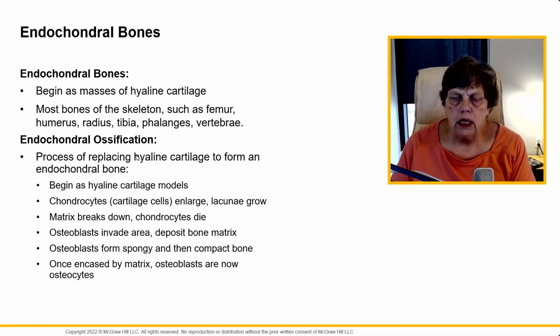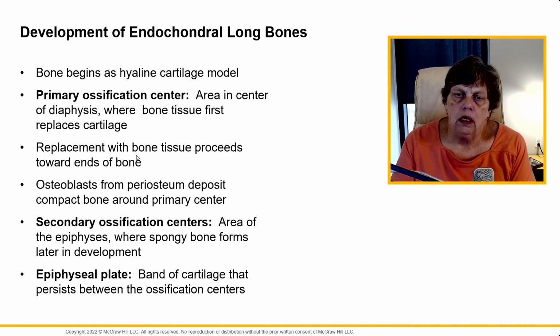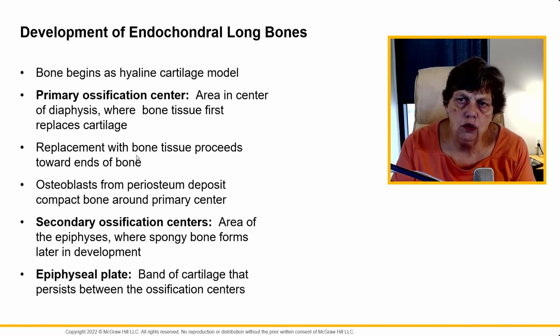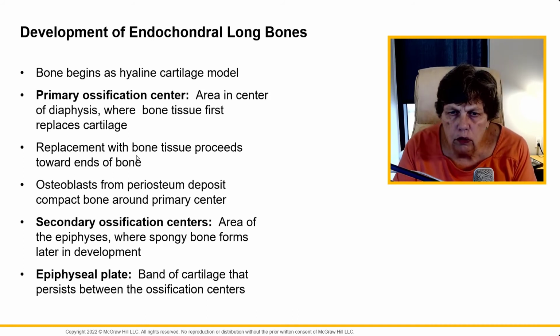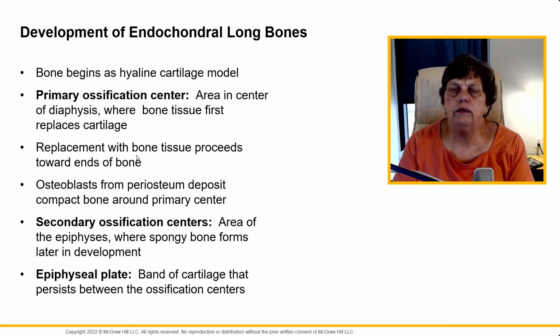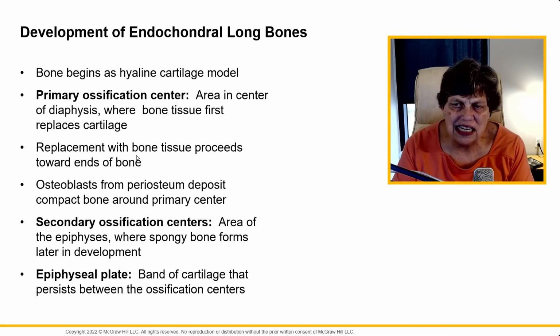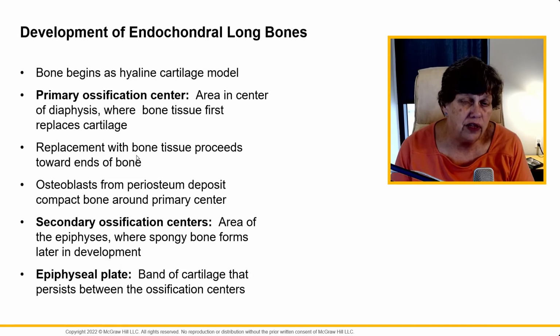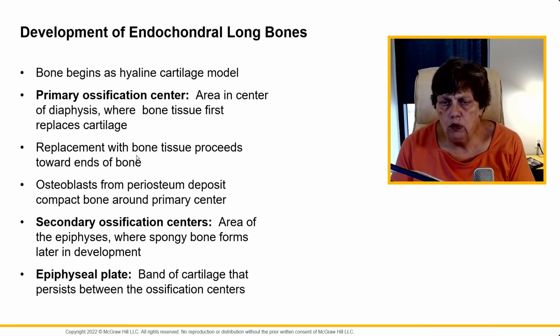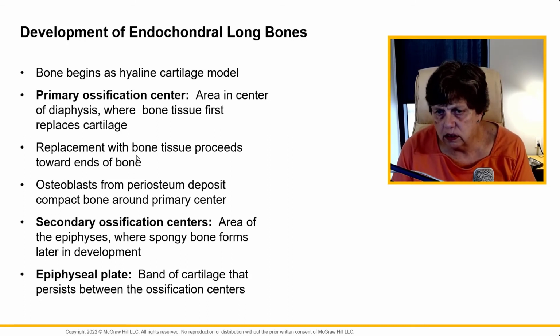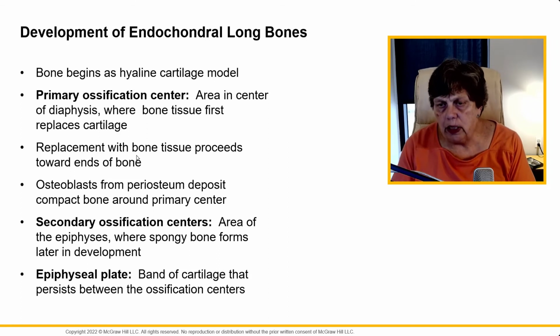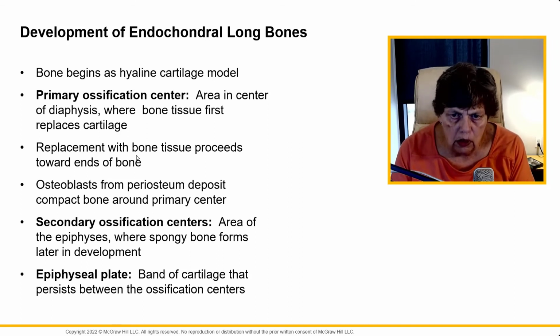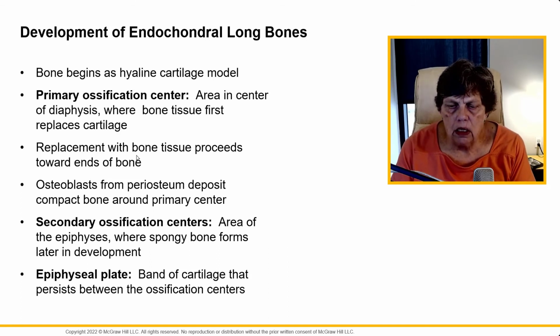All right. Now, in terms of the endochondral long bones, again, you have a primary ossification center. This is the area in the center of the diaphysis where that bone tissue first replaces the cartilage, and then that replacement proceeds down towards the end of the bone. And then you have the secondary ossification centers.